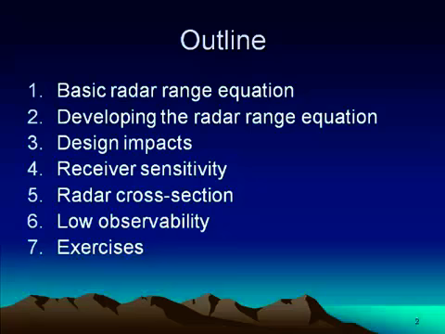At the same time, we are also going to understand what is the design impact of this. Lastly, we are going to see how a radar can miss a particular target because of its inherent parameters, or what we call low observability.